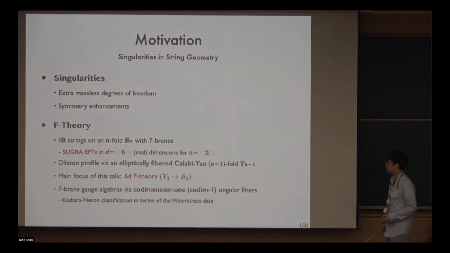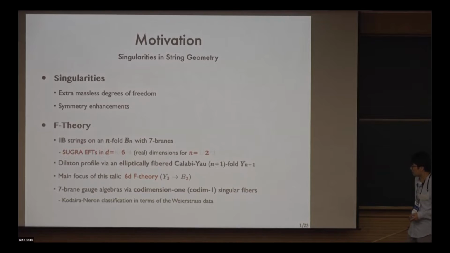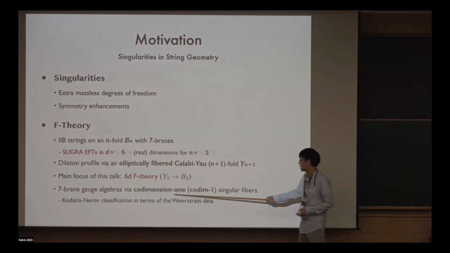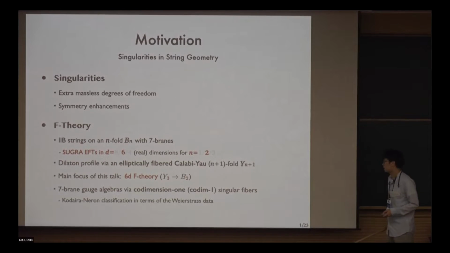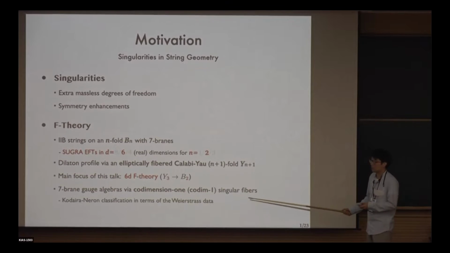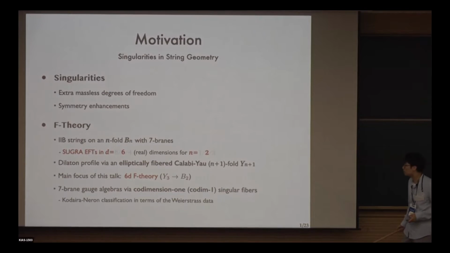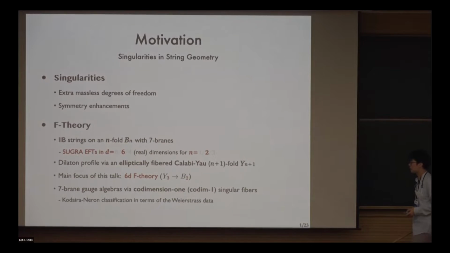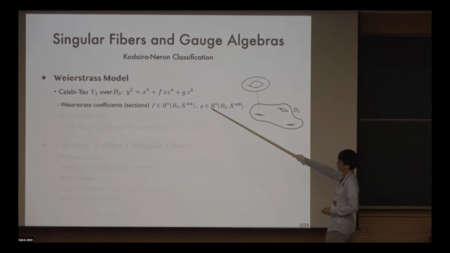So back to singularities. The 7-brane gauge algebras are encoded in F-theory in the singular fibers over complex codimension 1 loci on the base, Bn. Here, the allowed fiber types, or equivalently, the allowed gauge algebras, were classified a long time ago by Kodaira and Neron. They can be read off from the Weierstrass description of the geometry defined by the equation of this form.